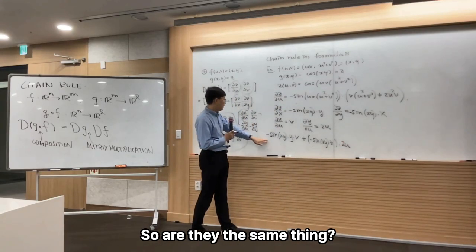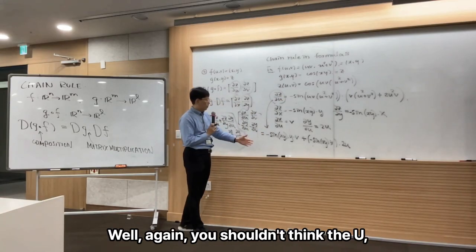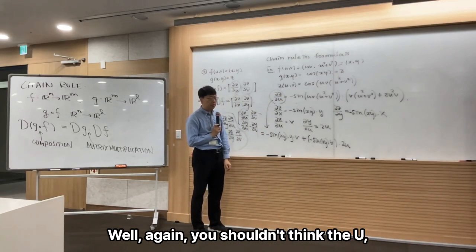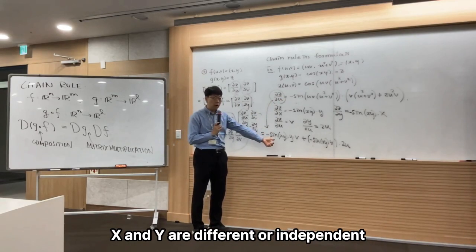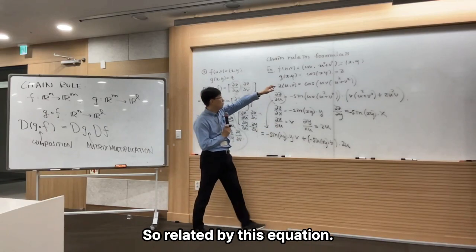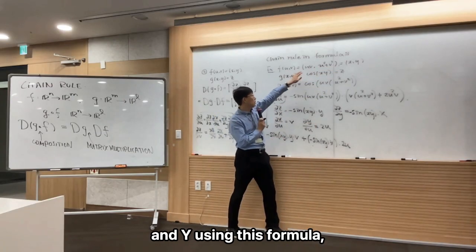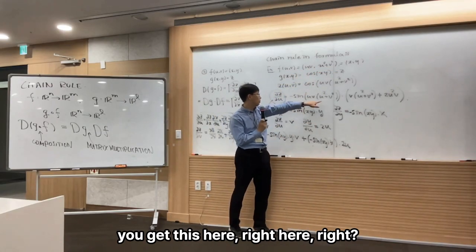So are they the same thing? I want this to be equal to this. Are they the same thing? Well, again, you shouldn't think that x and y are different or independent from u and v, because they are related by these equations. So if you plug in x and y using this formula, you get this here, right?